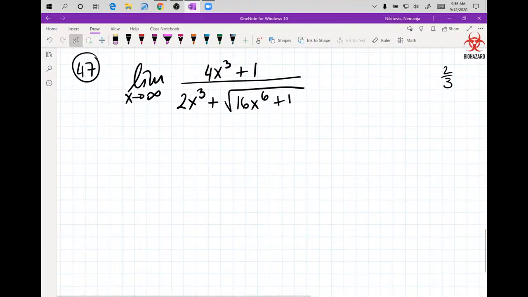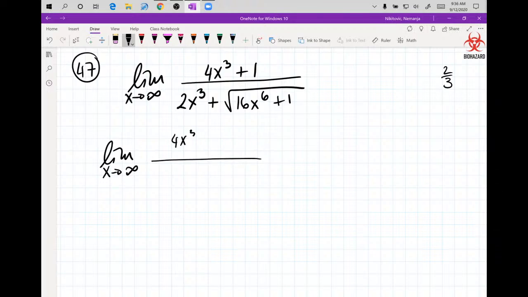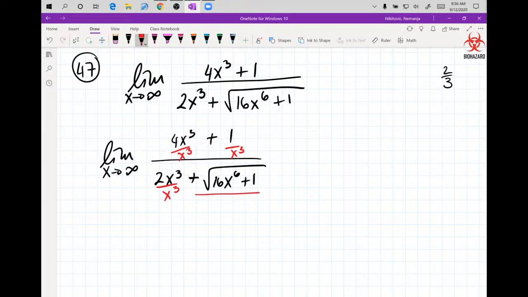So let's go and copy this problem and leave some space now to divide everywhere. So I'm going to go 4x cubed plus 1 over 2x cubed plus square root of 16x to the 6 plus 1. And now we divide everywhere by x cubed. Now clear some algebra.